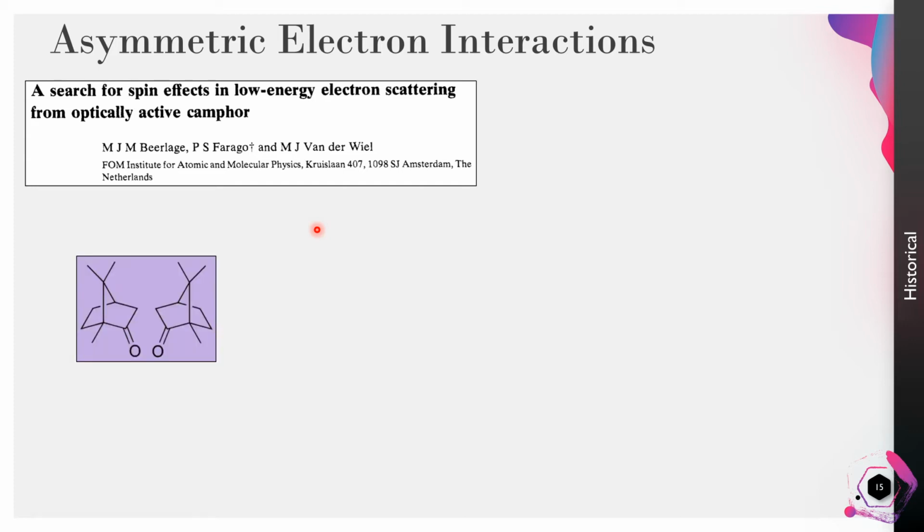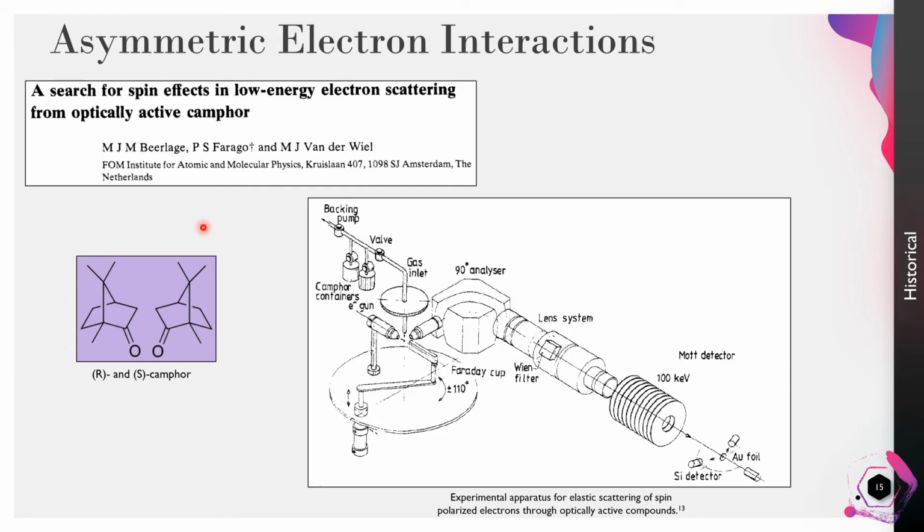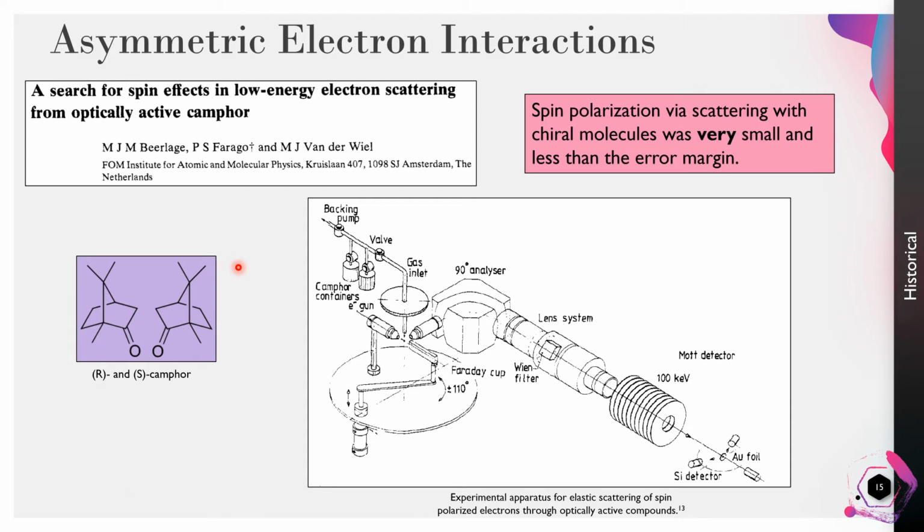If we had some chiral molecule like camphor here, the R and S versions of camphor, could we, by passing an unpolarized beam of electrons through the camphor molecules in gas phase, observe some sort of polarization effect? Using this experimental setup, they determined that via scattering, there was very little polarization, within the margin of error.